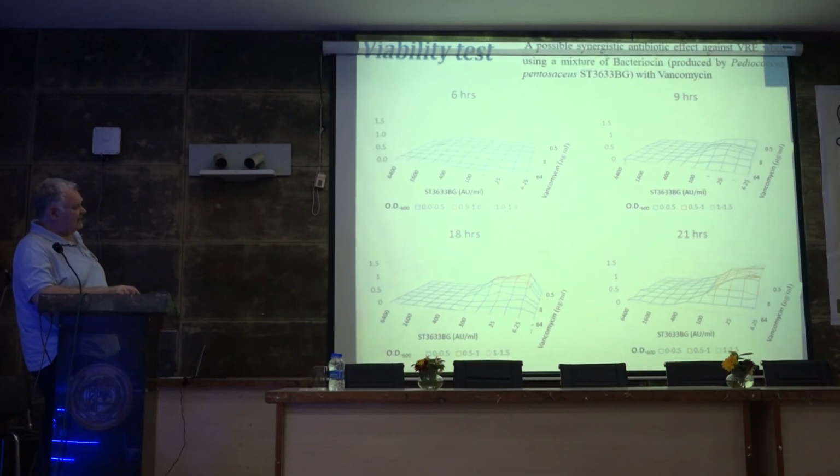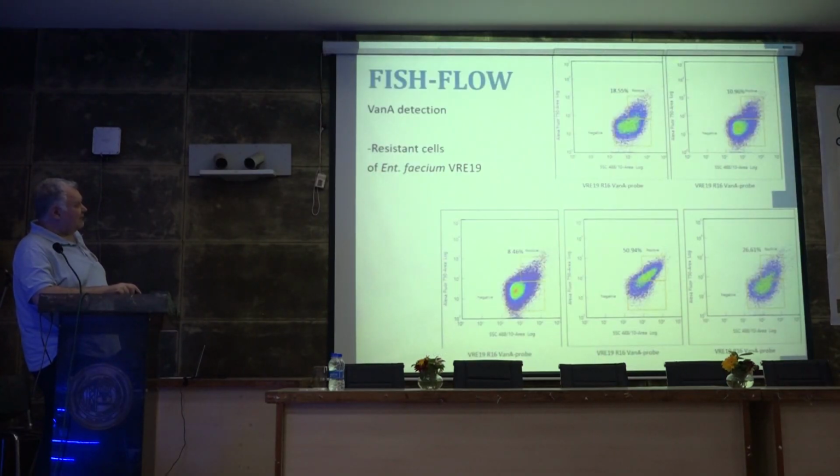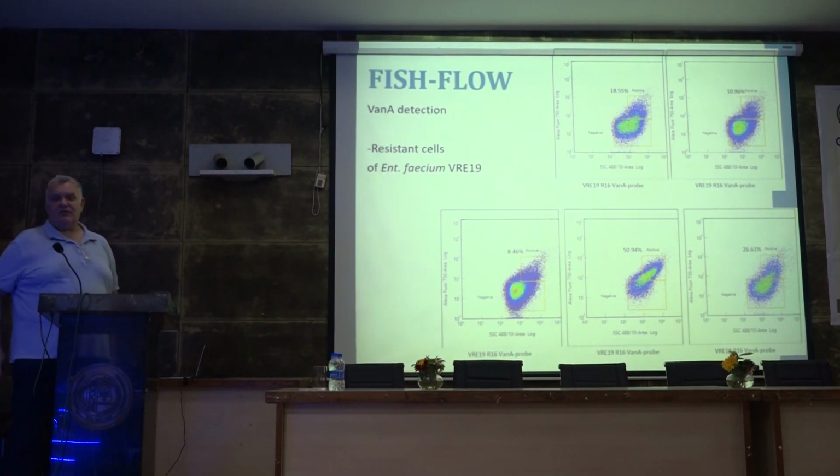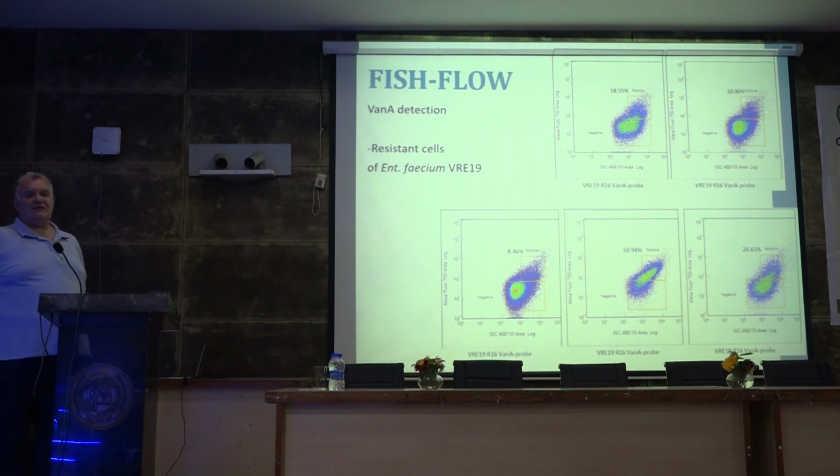We showed even the interaction, but when we did flow cytometry, we were able to detect the presence of the vancomycin resistant genes in this total isolate. If you work in classical microbiology, you isolate a strain and trace this strain.